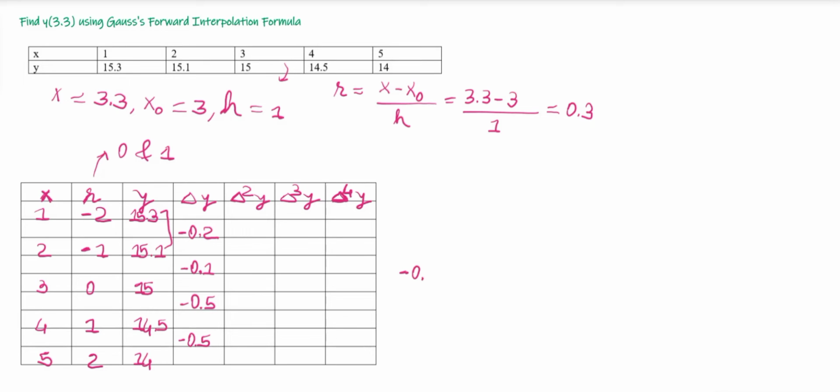Now for delta square y it will be minus 0.1 minus minus 0.2, that is minus 0.1 plus 0.2, which will be equal to 0.1. Then minus 0.5 minus minus 0.1, that is equal to minus 0.4, and minus 0.5 minus minus 0.5, which will be equal to 0. Then minus 0.4 minus 0.1, which is equal to minus 0.5, and 0 minus minus 0.4, which is 0.4, and 0.4 minus minus 0.5, which is equal to 0.9.